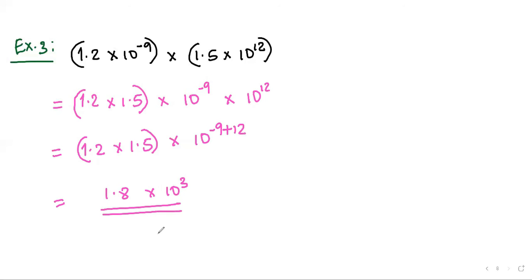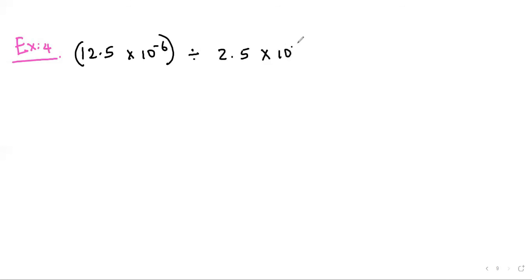Okay? Now we will get the last example. We call it example 4. Let's have 12.5 times 10 to the power of negative 6 divided by 2.5 times 10 to the power of negative 8.